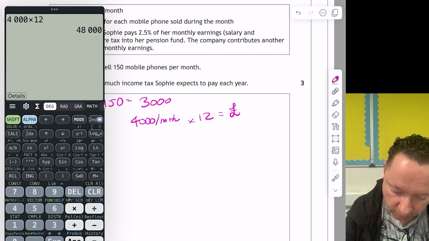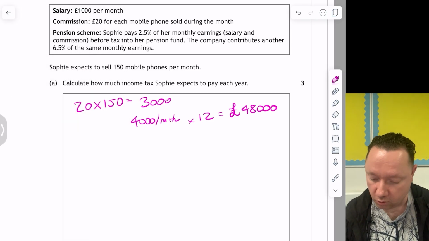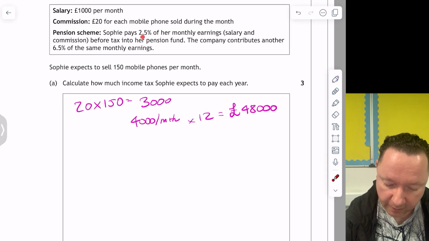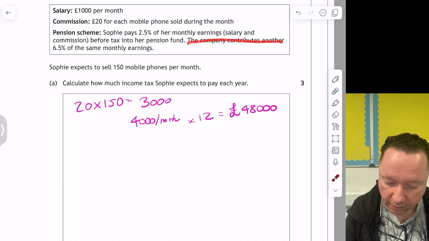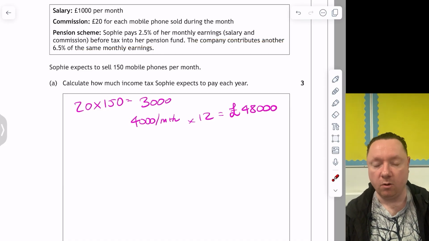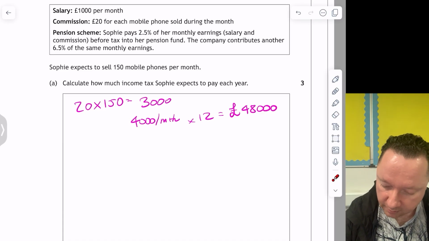That's 48,000. Now, we do not work out our tax on 48,000 though, because it says she gets pension of 2.5% before tax in our pension fund. Don't worry about the company's one. They just put that money in, that's for a later question. It's a 2.5% I need to take off to work out her tax.